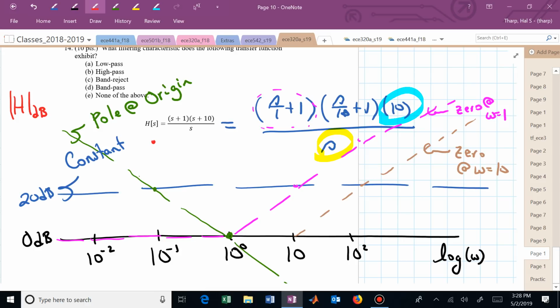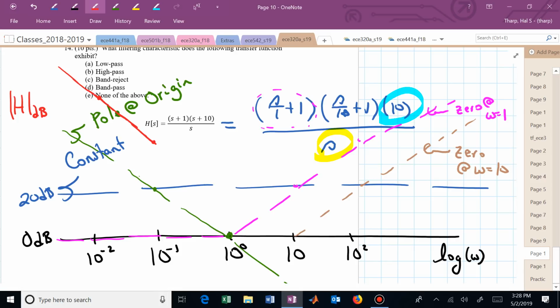I add in 20, so I need to be in my total at 60 dB. That should be 20 dB above where I was with just the pole and no constant introduced. Or my total magnitude looks like that. And I keep going with that.